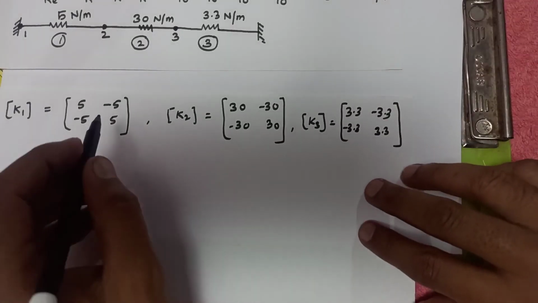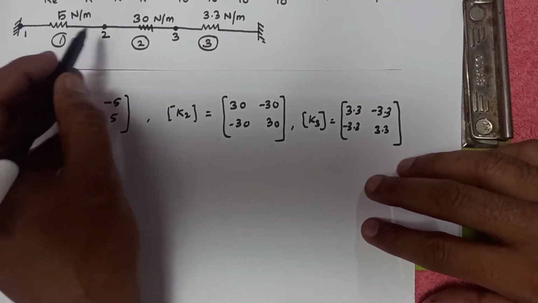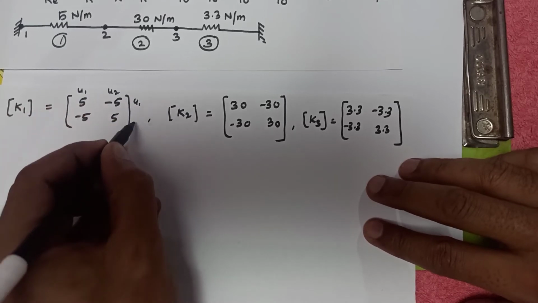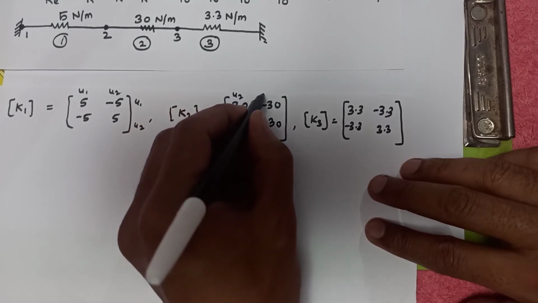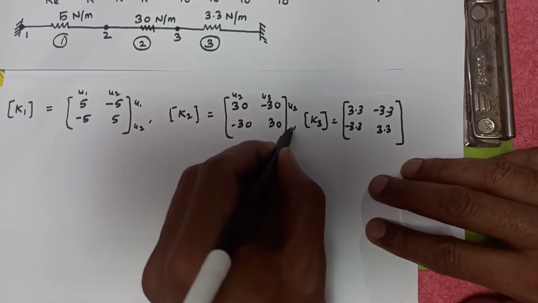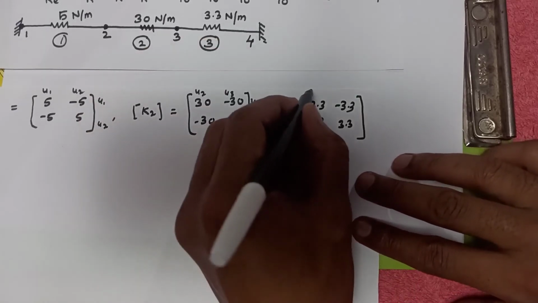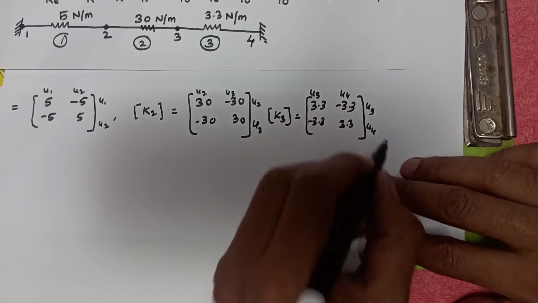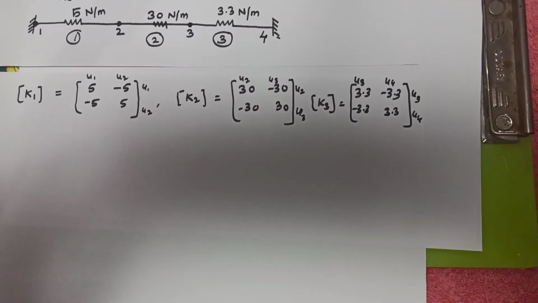Now we will denote the displacement. For element 1, 1 to 2, it means u1, u2, u1, u2. For element 2, 2 to 3, so u2, u3, u2, u3. For element 3, 3 to 4, u3, u4, u3, u4. So now we have to form the global stiffness matrix, right?